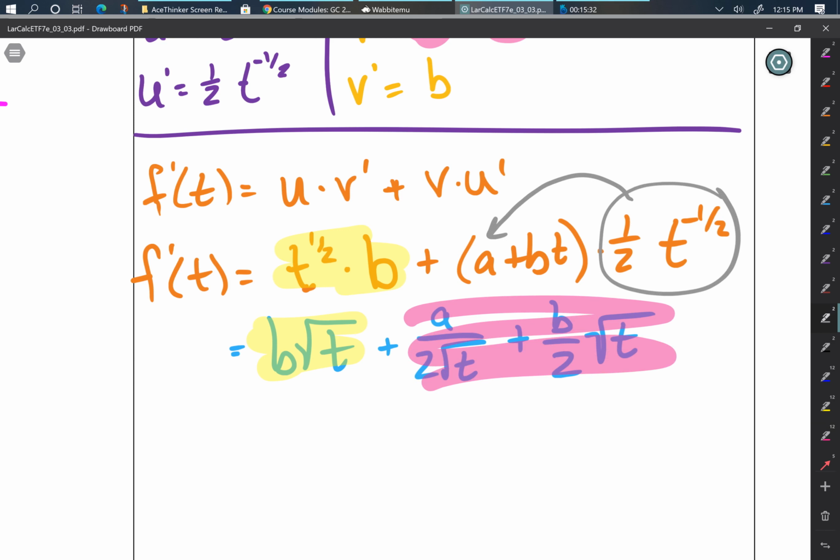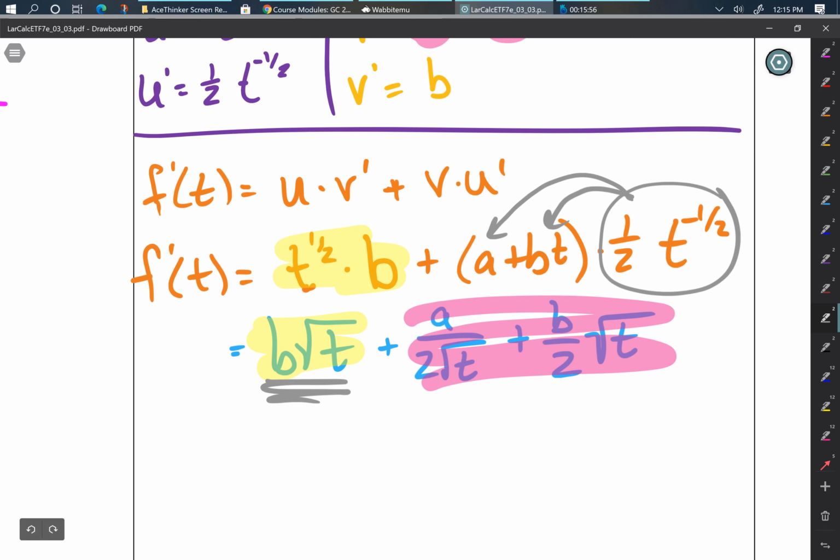So we get a over 2 times that root of t. And then I took that and multiplied it by the second term. B times a half is b over 2. And what's t times t to the negative 1/2? Same base, add the exponents. There's a 1 hiding there, so 1 plus a negative 1/2 would be a positive 1/2, which just means root t.